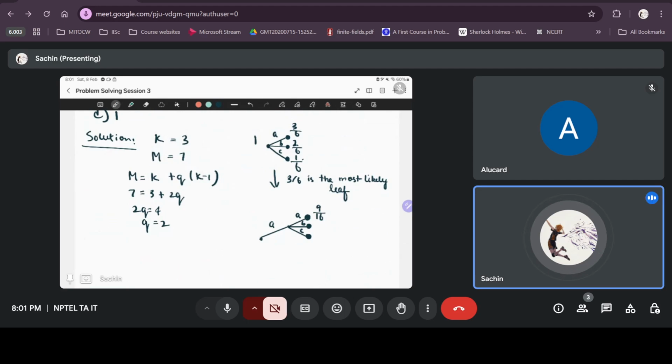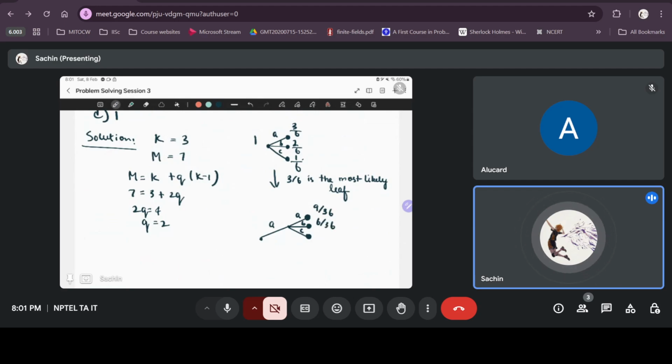P of A, B is just P of A into P of B. So P of AB is 3 over 6 into 2 over 6, which is 6 over 36.